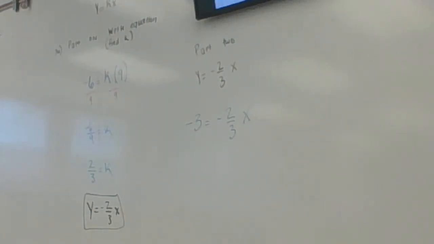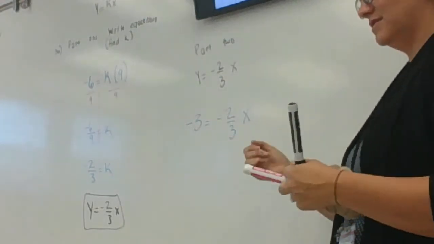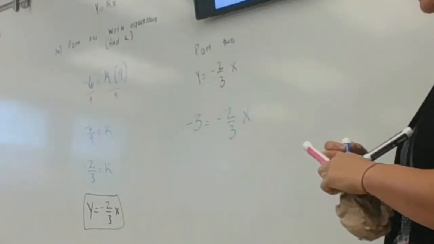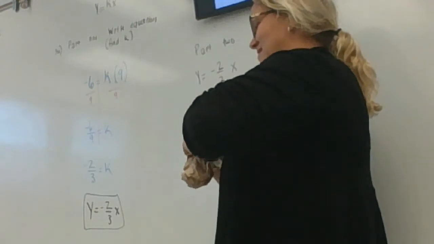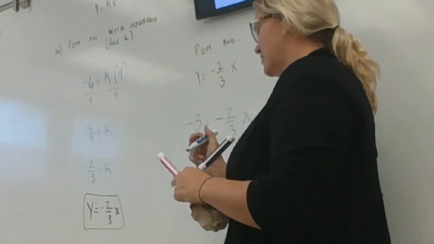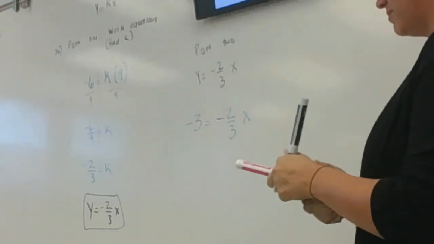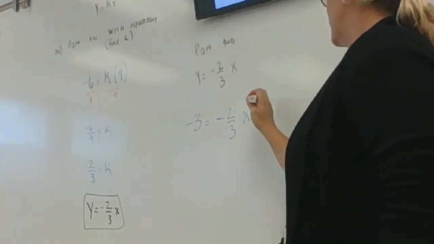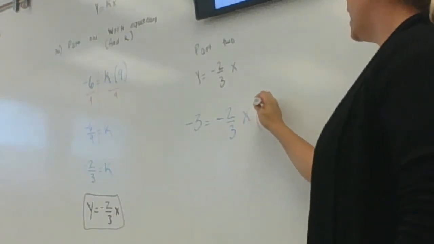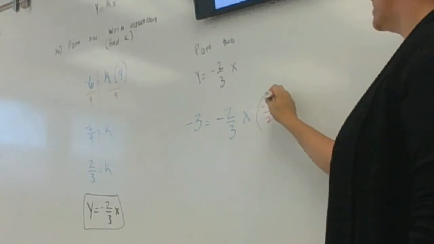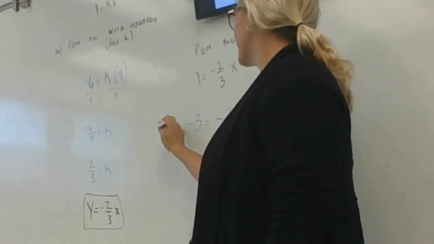You know how to get x off? Yeah, multiply by the reciprocal. So sometimes when you have this fraction, you gotta flip it. Multiply both sides by the reciprocal.